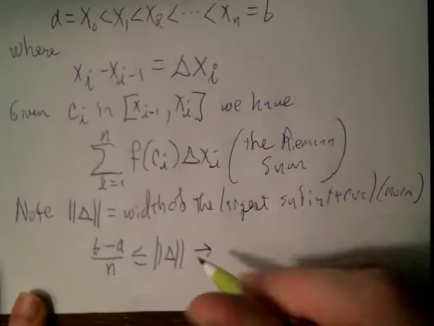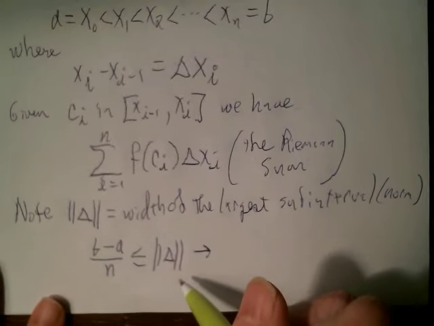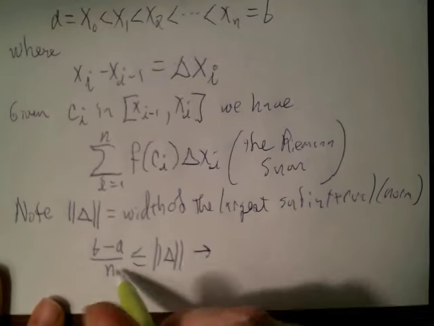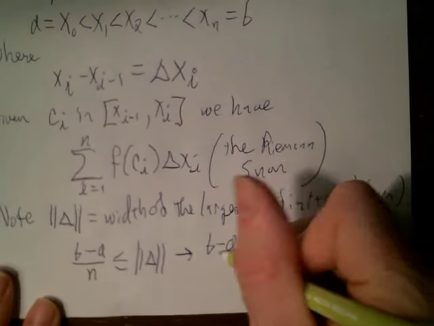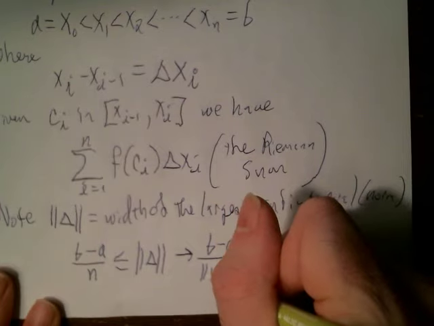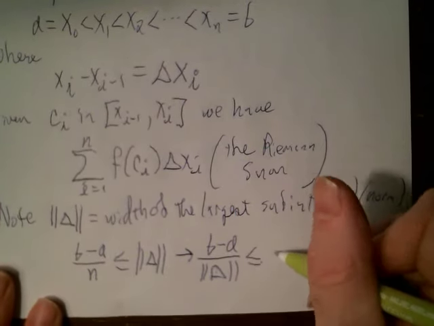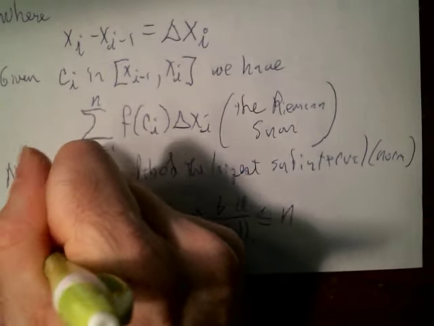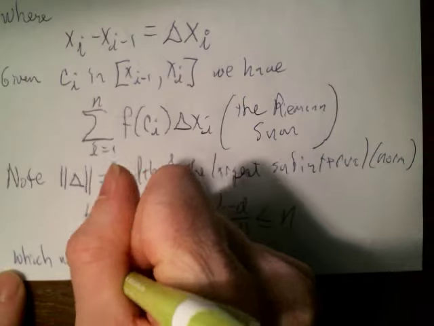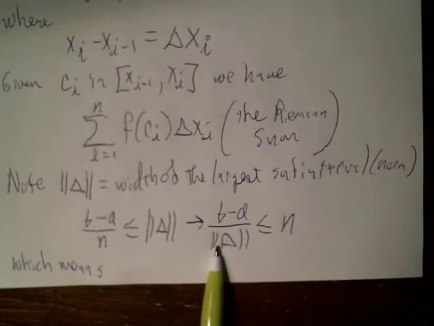And if we multiply both sides by n and divide both sides by the norm, we have this relationship: b minus a all over the norm is less than or equal to n, which means now in our limits, instead of letting n go to infinity, we're going to let this norm go to 0.